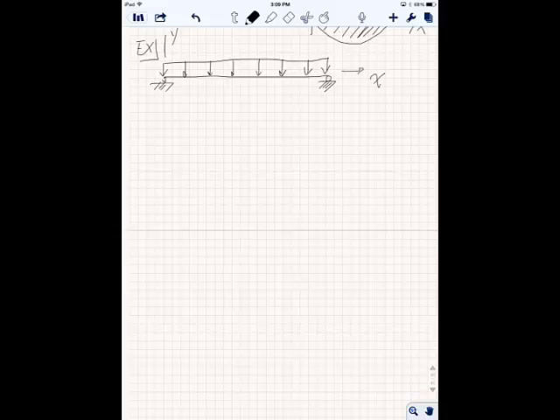And you have an x and a y. Okay, so the quantity of this distributed load Q equals 80 newtons per meter. Now L equals 20 meters.